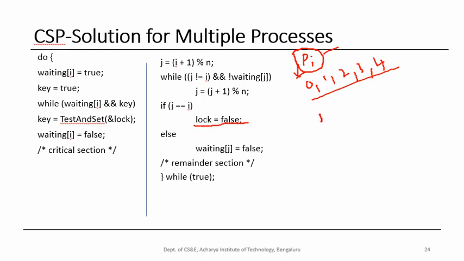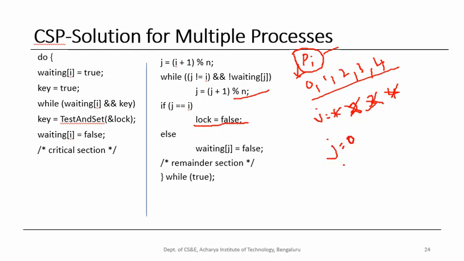So what happens after this comes out of the critical section? j becomes 1, but process 1 is not interested, so it becomes 2. Process 2 is also not interested. It becomes 3. 3 is also not interested. It becomes 4. That is also not interested. Now you look at this, I have put the modulus of n. Now the j value becomes 0.